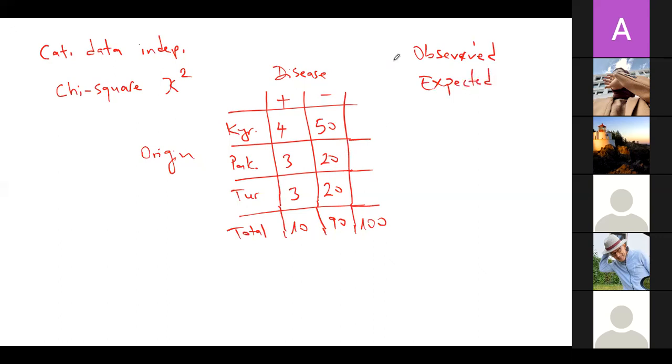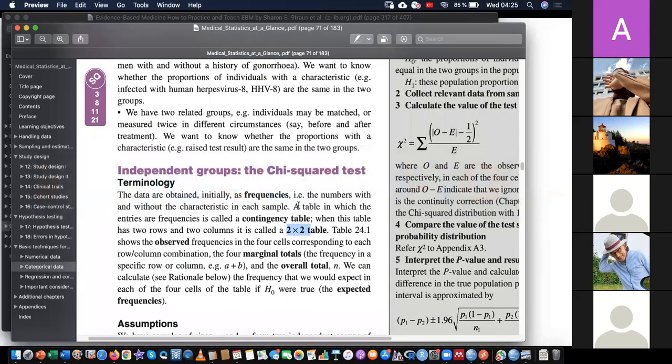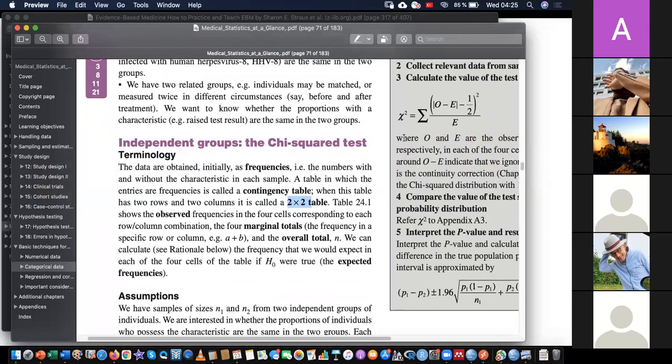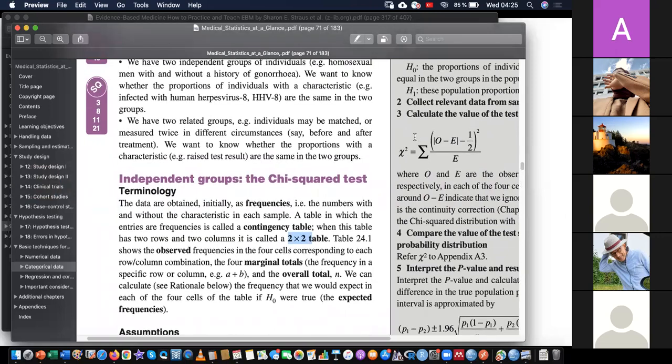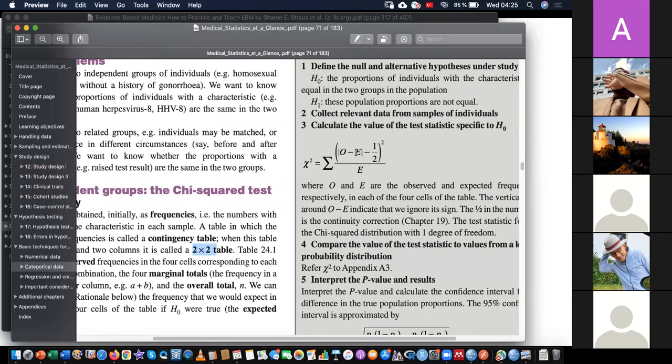The chi-square test relies on the observed and expected frequencies. Here is the formula. The chi-square calculation is based on the observed minus expected. This minus 1/2 is a continuity correction.